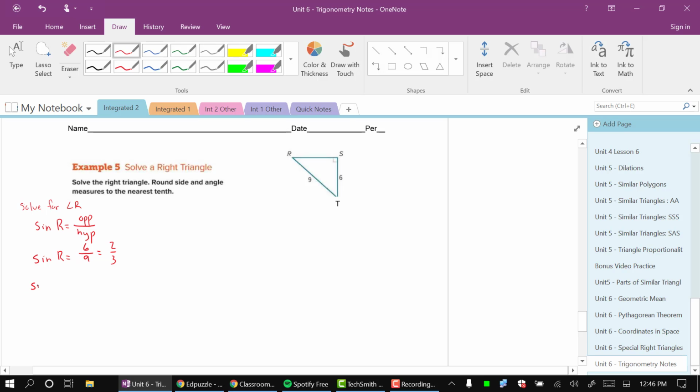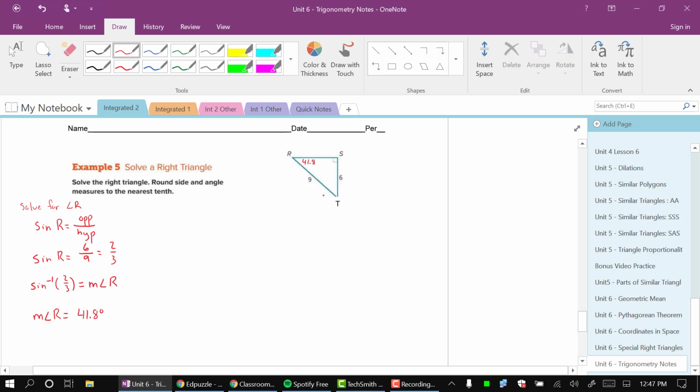Sine inverse of 2/3 equals the measure of angle R. Type this into my calculator, and I get that the measure of angle R is 41.8. Okay, so I have one of my angles, 41.8. I'll put it right here.